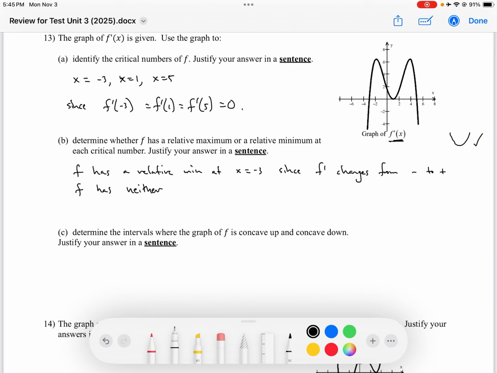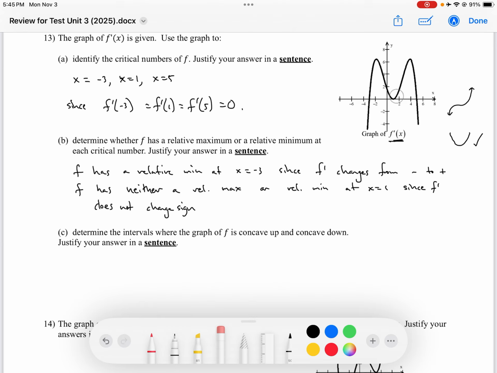F has neither a relative max nor relative min at x equals 1 since f prime does not change sign. Okay, so that's going to be positive to positive: increasing, horizontal, increasing. So increasing that whole time, because it just has that one spot where it flattens out for a tiny second.